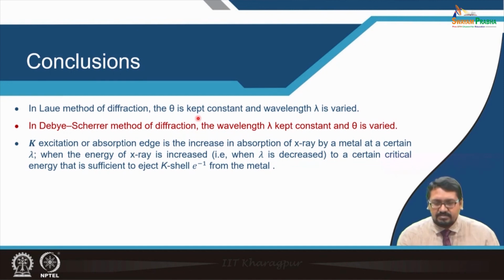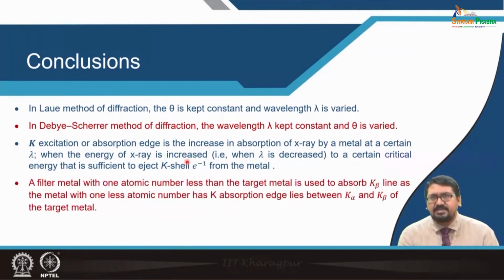Now, importantly, the K excitation or absorption edge is the increase in the absorption of X-rays by a metal at a certain fixed critical lambda, where the energy of the X-ray is increased and the lambda is decreased to a certain critical value, so that it becomes sufficient to eject a K shell electron from the metal.